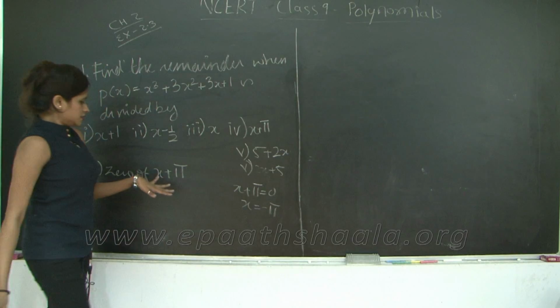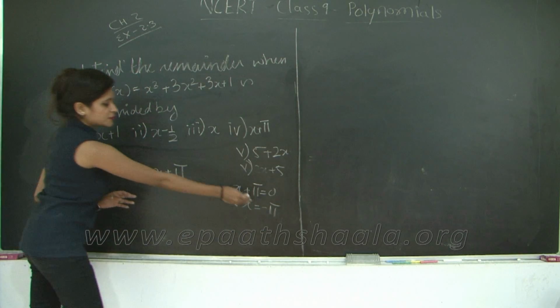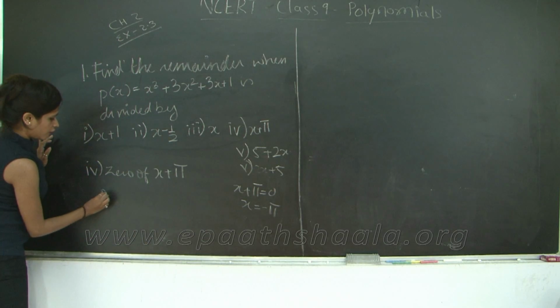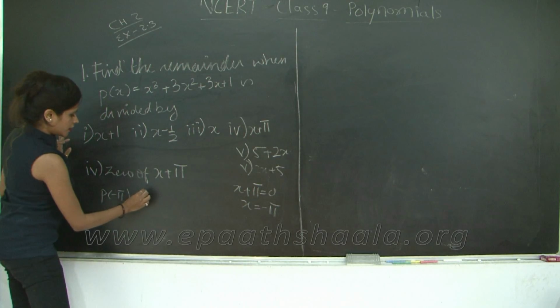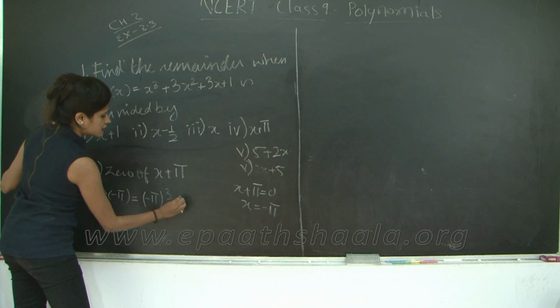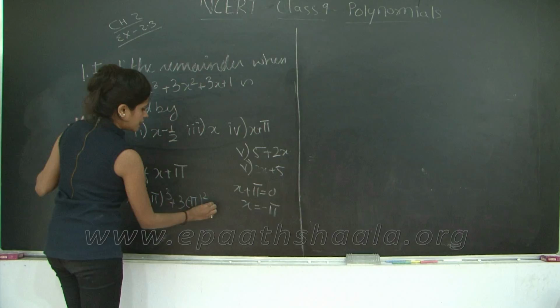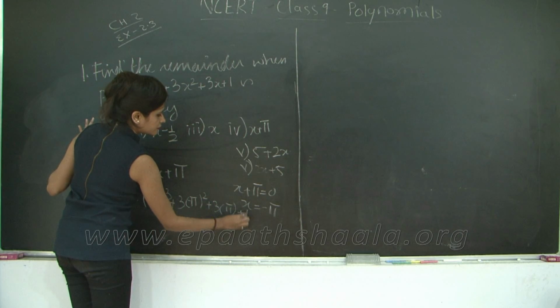So the zero of x plus pi is minus pi, therefore we are going to substitute the value minus pi into this polynomial. So p of minus pi is what? Minus pi the whole cube plus 3 into minus pi the whole square plus 3 into minus pi plus 1.